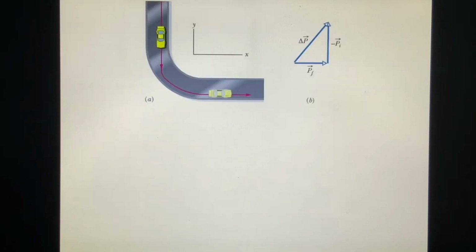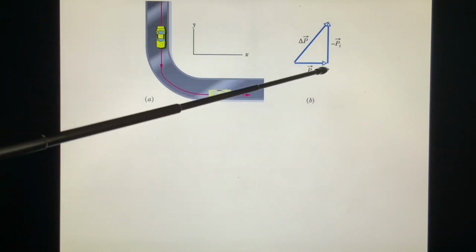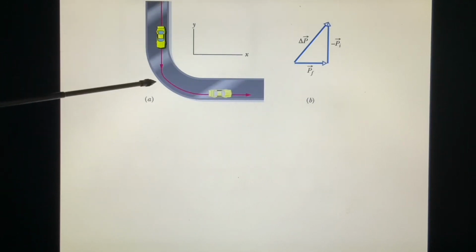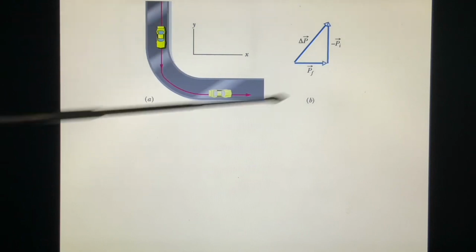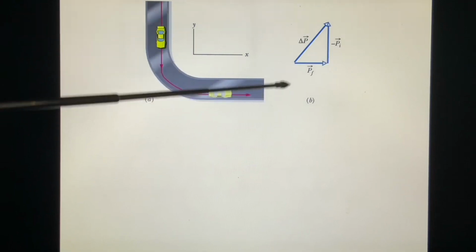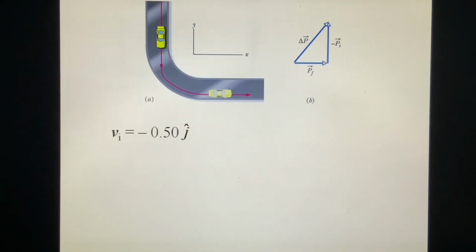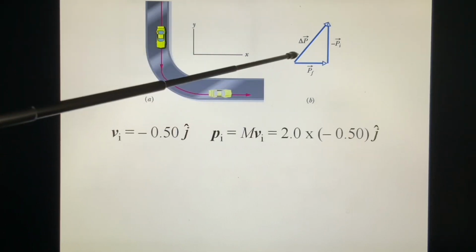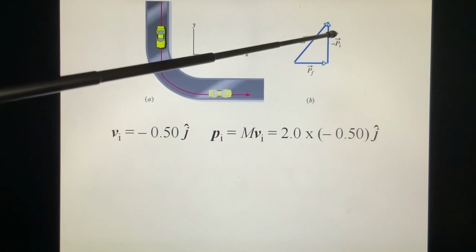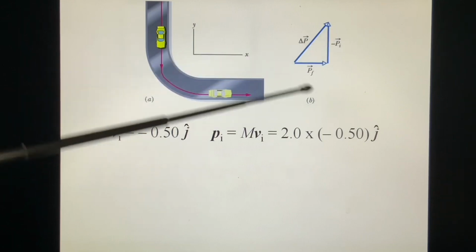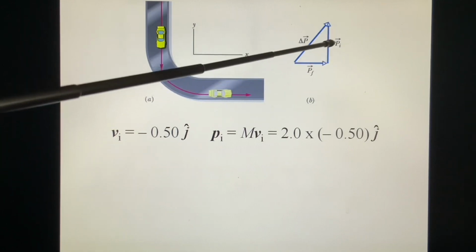That's very simple. We see this is P initial, so this is minus P initial, and this is P final. The definition of delta P is P final minus P initial, or P final plus minus P initial.